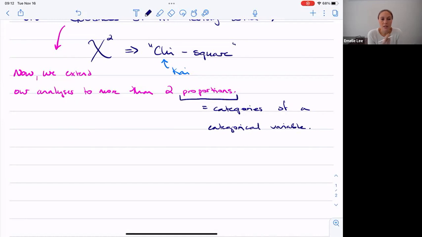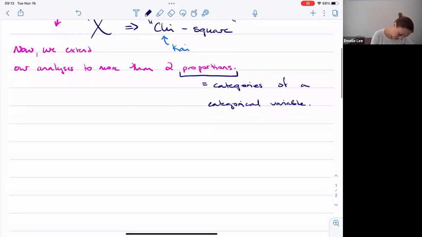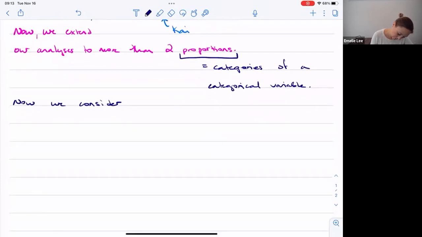So now consider a categorical variable with more than 2 categories.